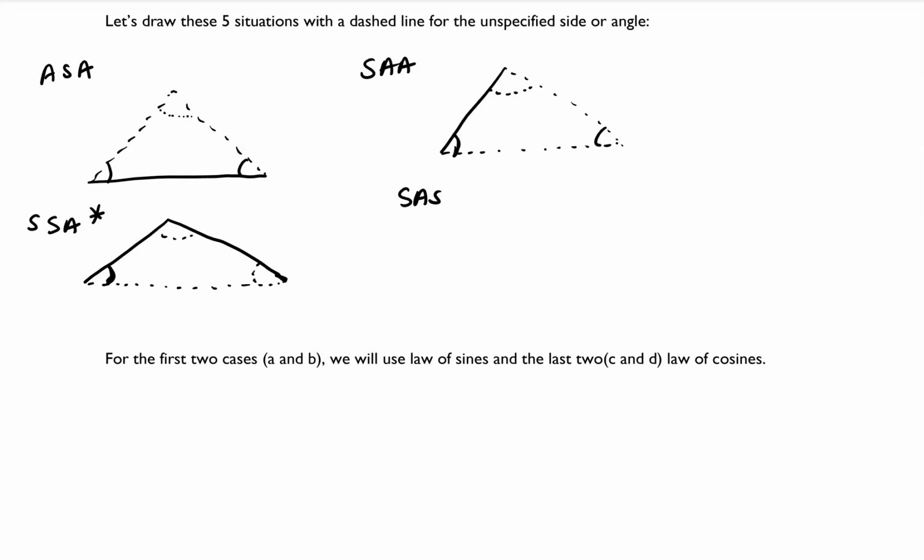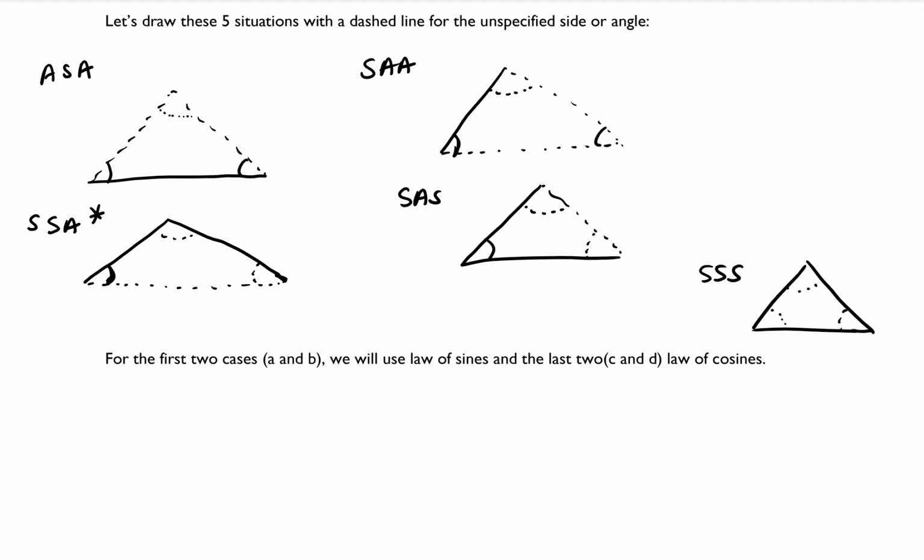So the next one is side angle side. So that's what that would look like. And then the last one would be side, side, side, where we know all of the side lengths. And then we'd have to figure out all of the angles.